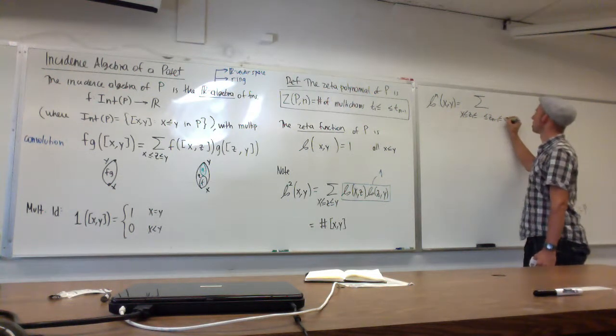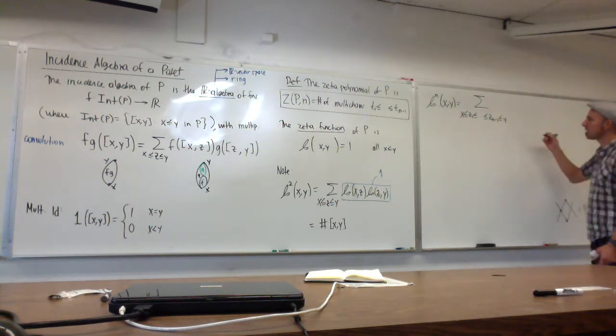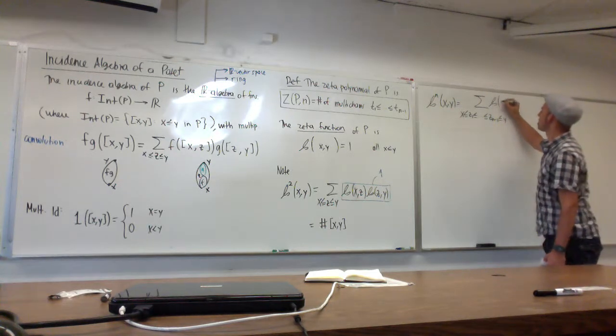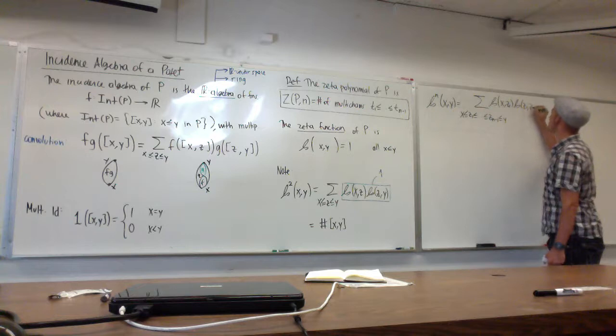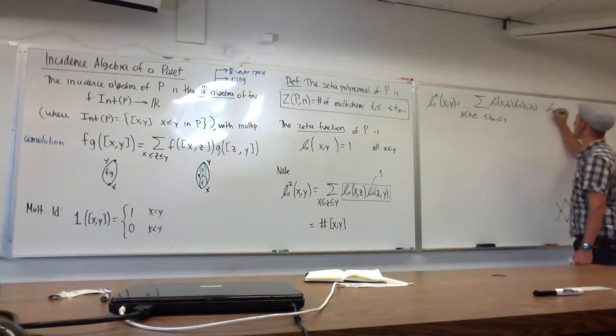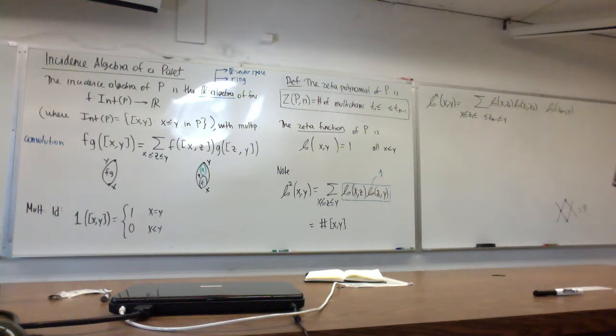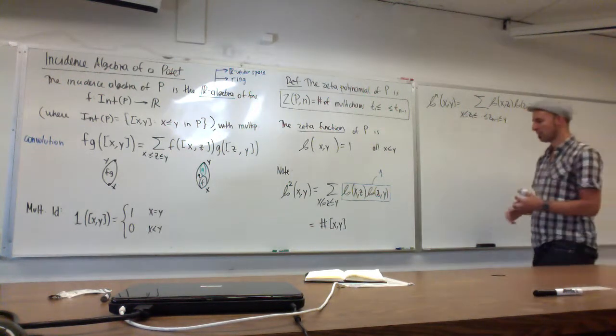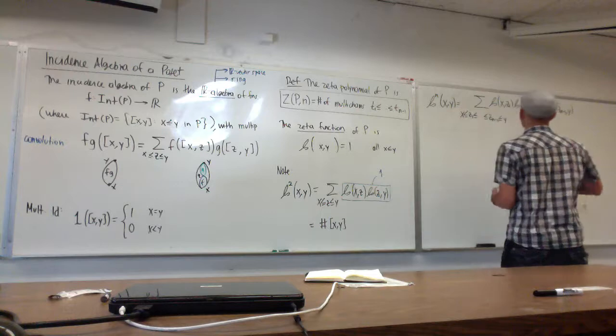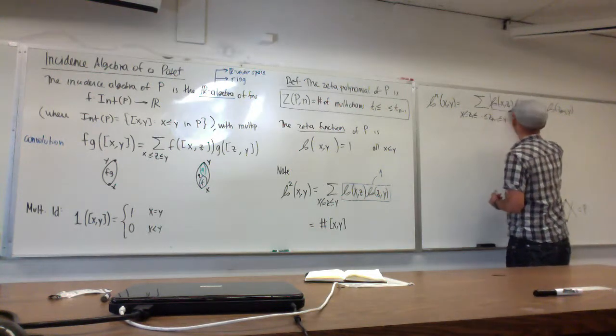I get zeta of x z1, zeta of z1 z2, etc., up until zeta of z n minus 1 y. And again, even though this looks very ugly, it's extremely simple because all of these are ones.